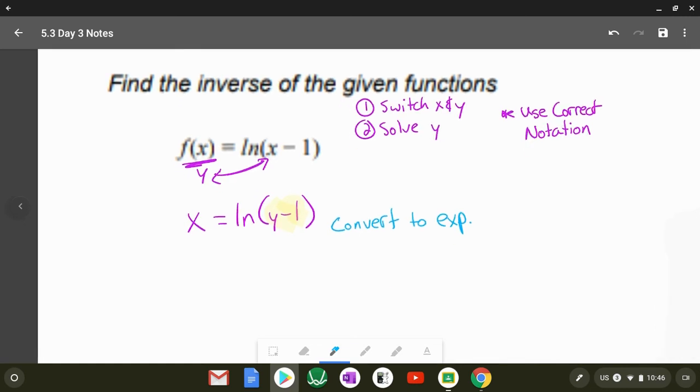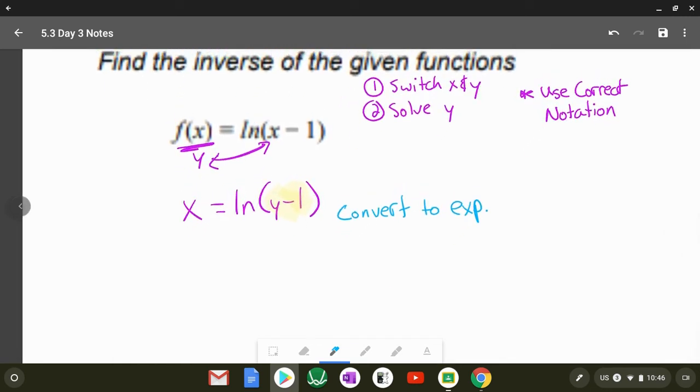I'm going from logarithmic, which has a base e. This is log base e for natural log. And I'm converting to exponential form. So the base of my log is going to match the base of my exponent. It's going to be e to the x equals whatever was inside that log. Again, you can see how important being able to convert back and forth is.